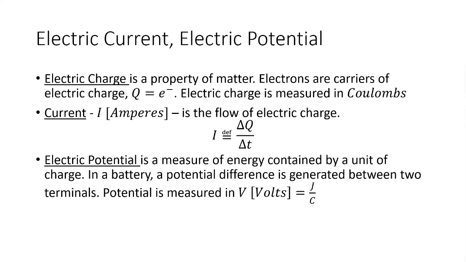So I mentioned electric current, but let's talk about what it actually means. Electric charge is a property of matter, and it's carried by an electron, which is a fundamental particle. An electron has a unit of charge called an electronic charge. So it has one indivisible unit of charge, and you can't get half an electron's worth of charge.